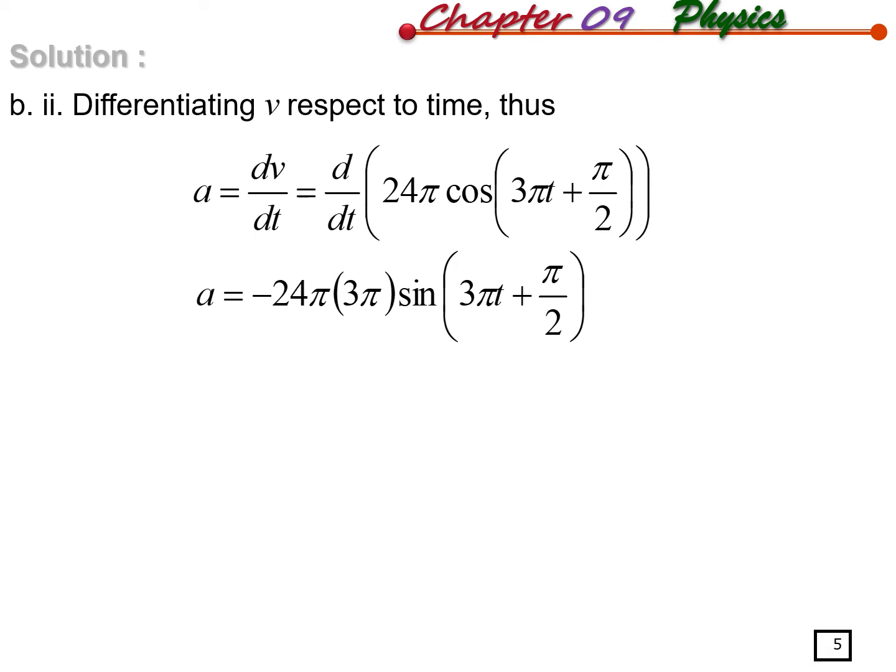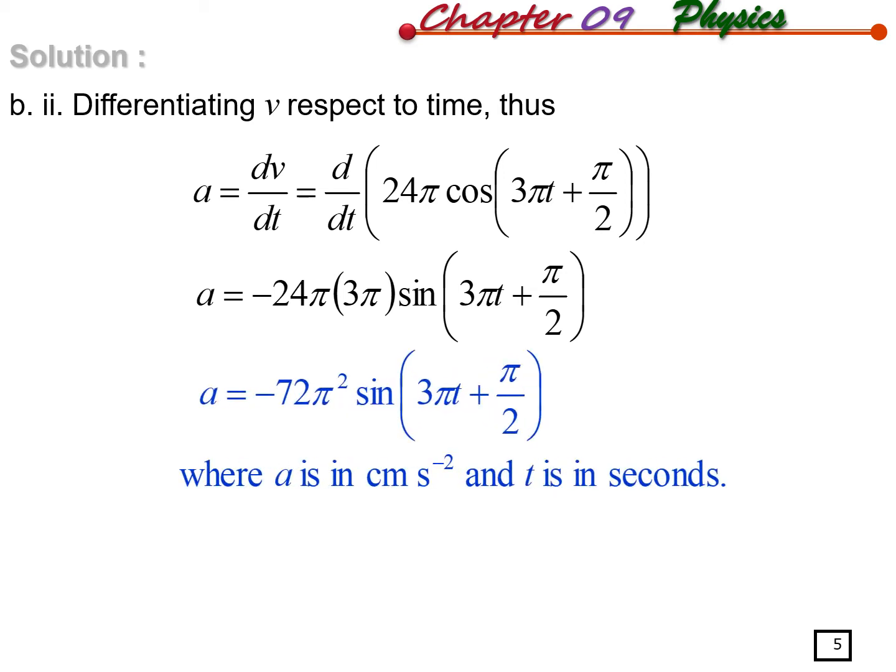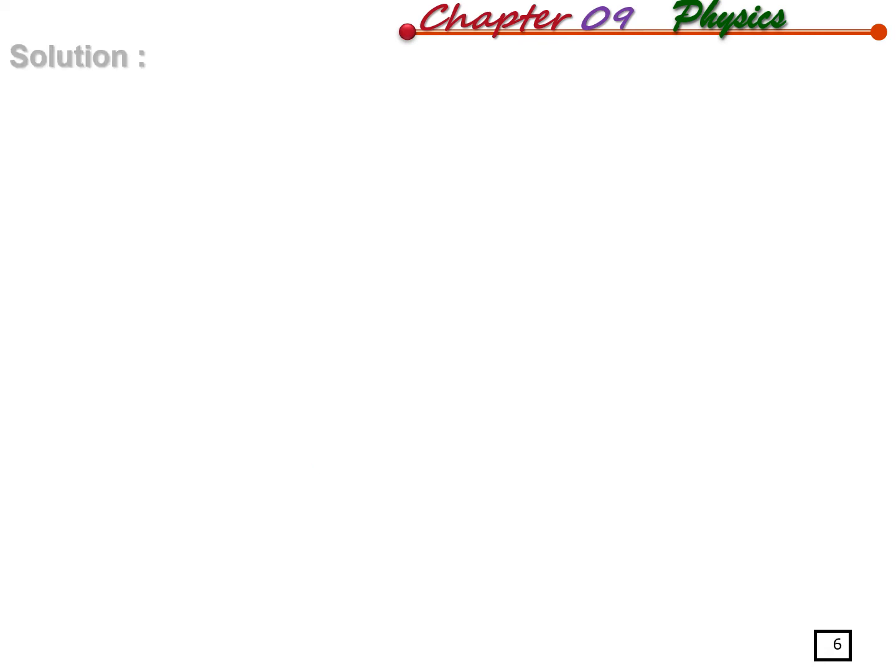So A omega, and then cos will become a negative sign. That's why you have a negative sign convention in front. And then in the bracket you will have omega t plus pi over 2. So expand the equation, and we will end up with the equation for acceleration. So this is the general equation for velocity and also acceleration.